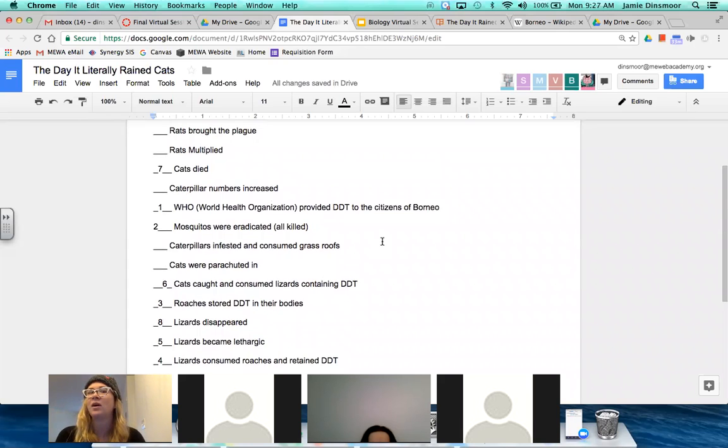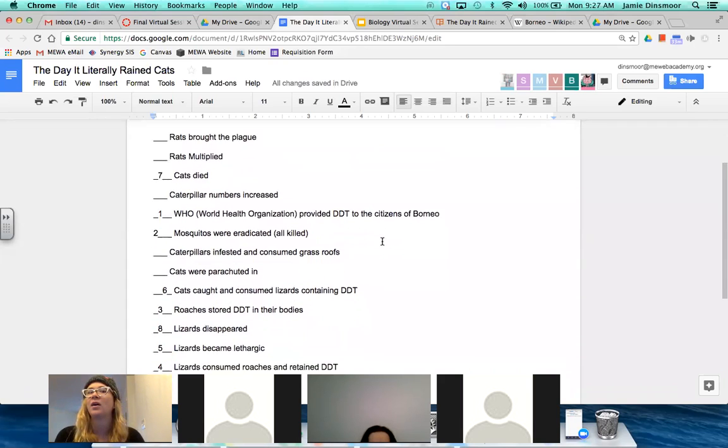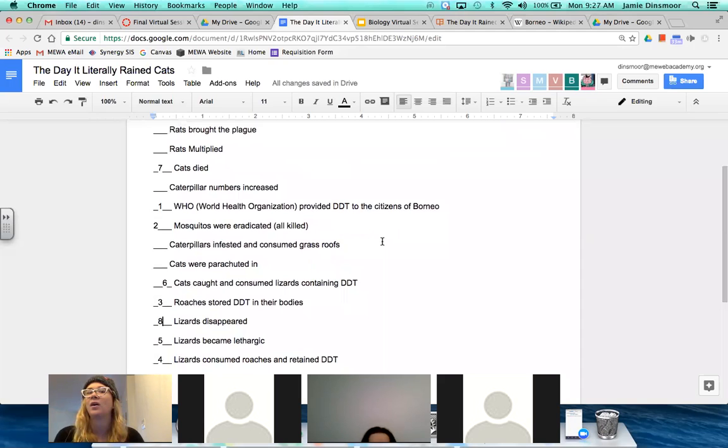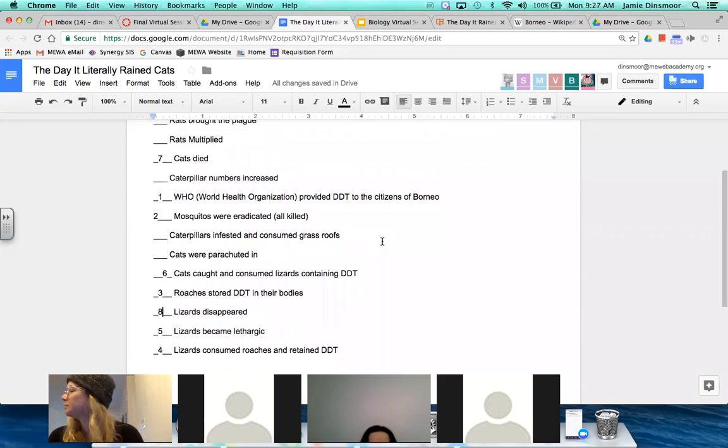Now, what's happening? Whoever said the caterpillar numbers increased? Caterpillar numbers are increasing. Why? Who's eating the caterpillars? No one?